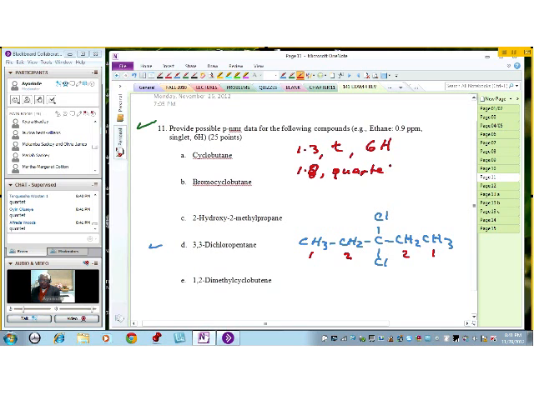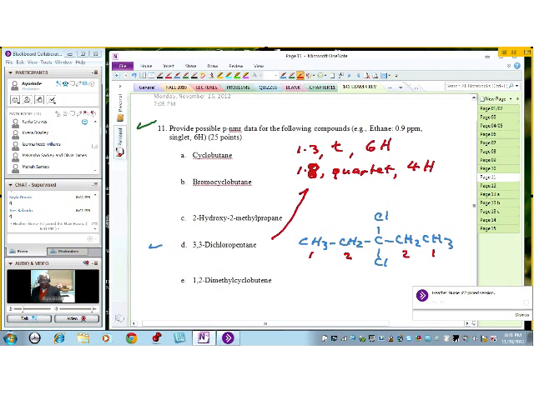Quartet? How many hydrogens? Take a look at the complete molecule, 4. Because you have these 2 here and these 2 here. Both of them are giving the same set of data. So this is 1.8. Good. And therefore, this is the NMR data for this molecule.